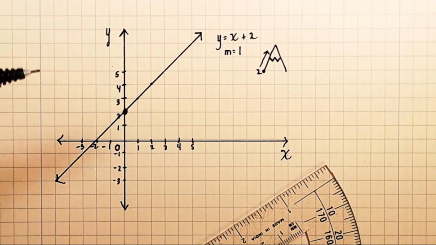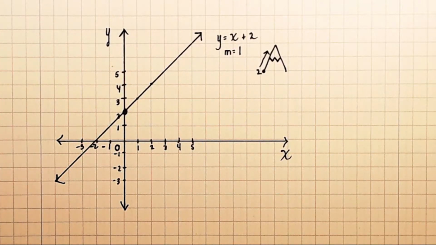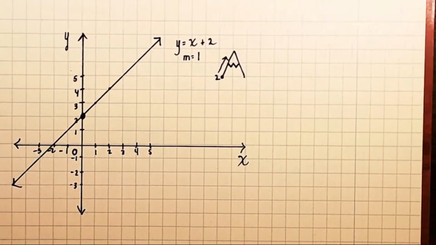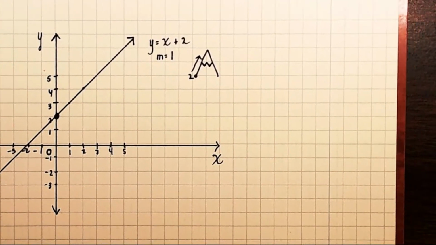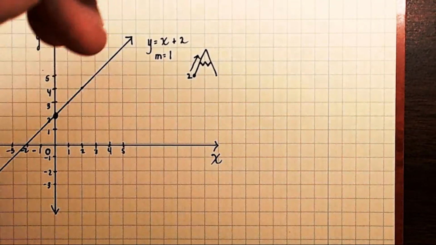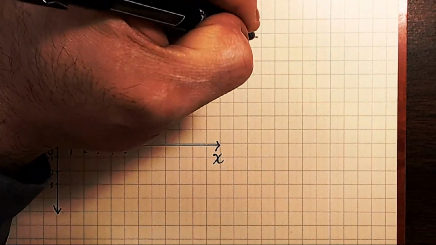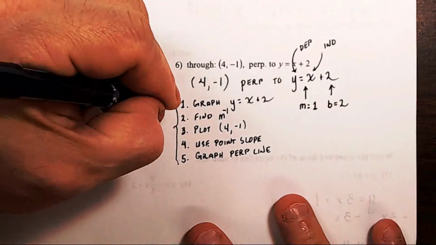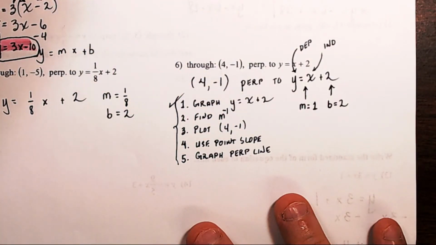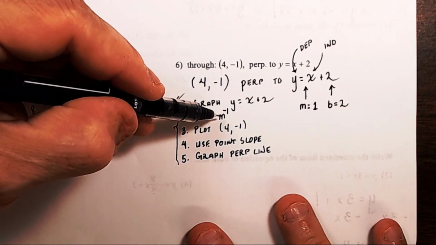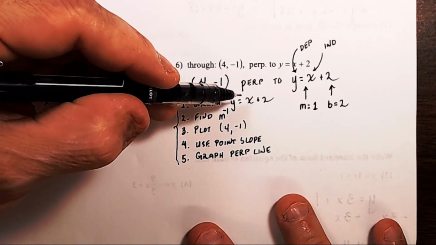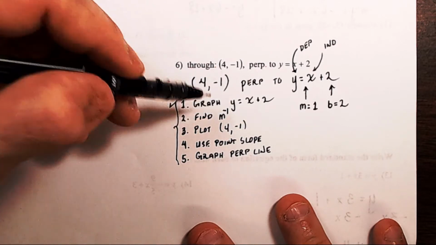Now we need to go back to our work surface, or we could just move down here, and create a little bit of space. Going back to this page, we have graphed y equals x plus 2. Now find the negative reciprocal of the slope to find the slope of the perpendicular line.